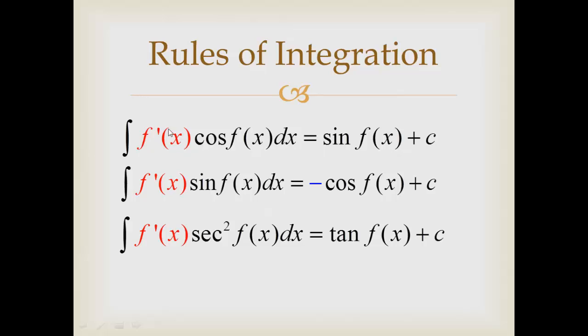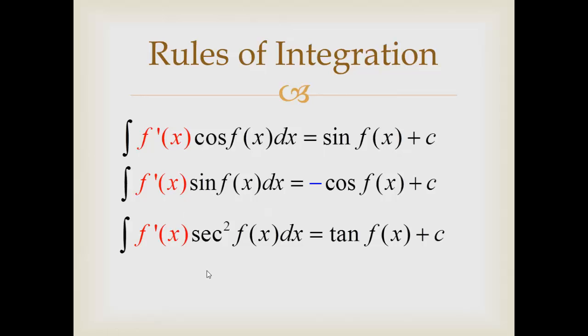So the f prime x becomes the criteria for integration. We must ensure that f prime x can be found before we give the results for the integration of cosine into sine. And this applies for the rest of the cases.